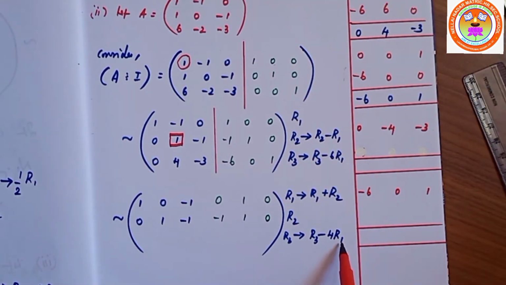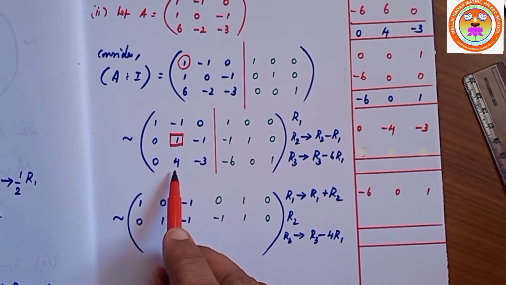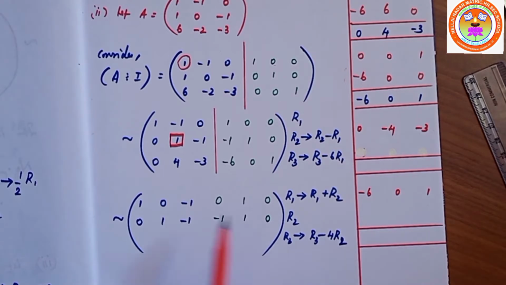I am multiplying R1 by minus 4. Have to multiply R1 by minus 4. Sorry, this is minus 4 R2. Sorry, extremely sorry, R3, because with the help of this element only, I have to make this element as 0, already told you. So it is not R1, R2. Okay. So multiply R2 by minus 4. R2 should be multiplied by minus 4.